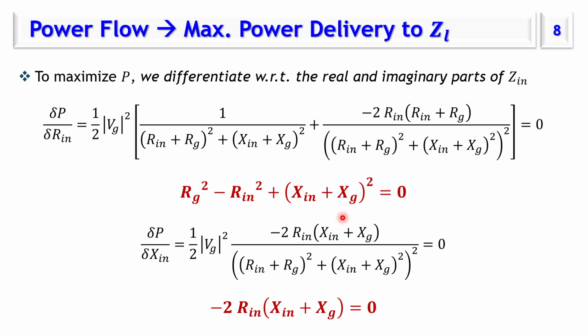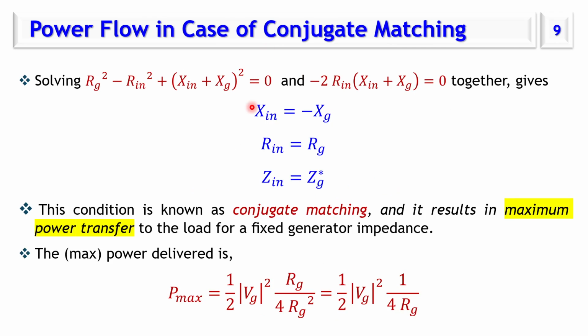Solving those two equations together, we get the conditions for maximum power delivered from the generator to the circuit. This happens when Xin equals minus Xg and Rin equals Rg, which means that Zin is the conjugate of Zg.